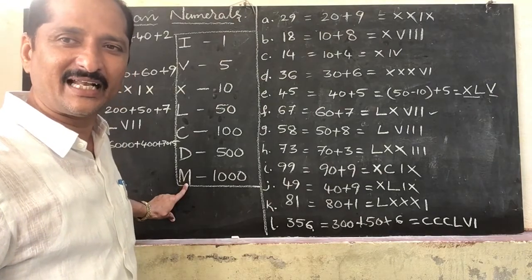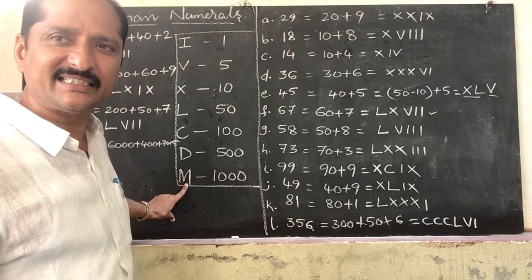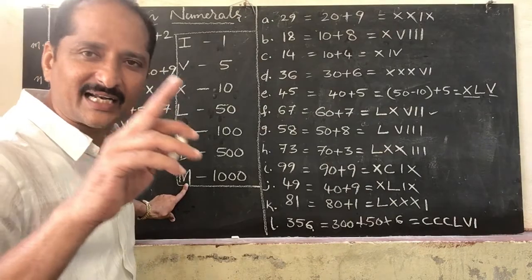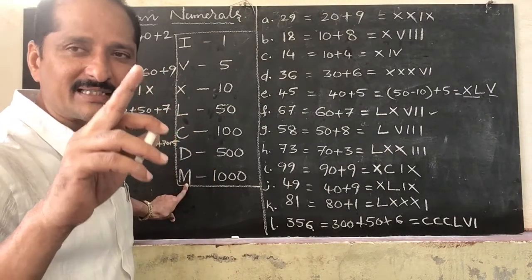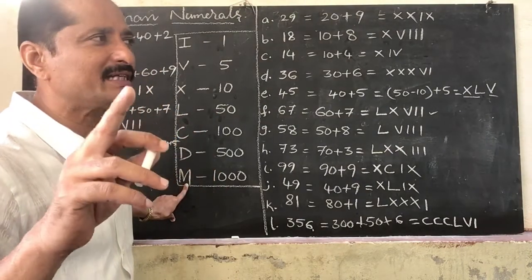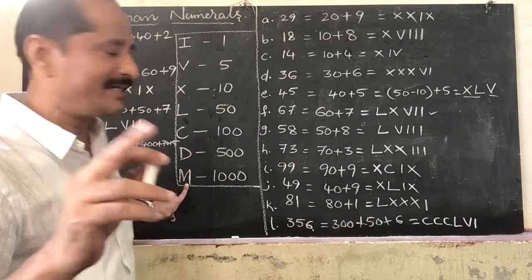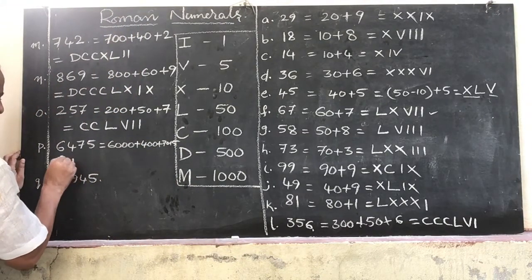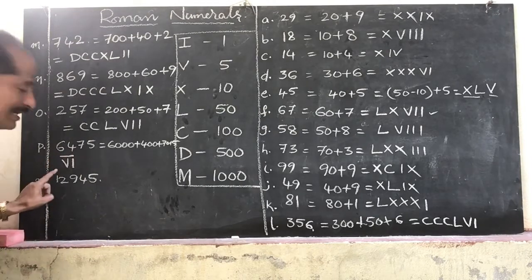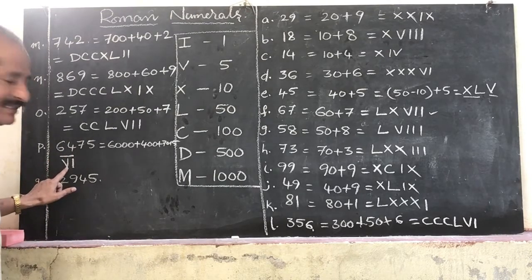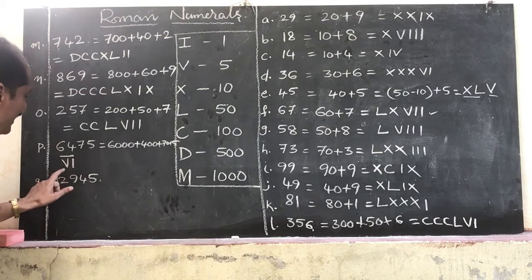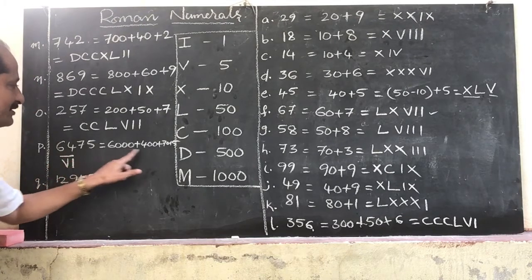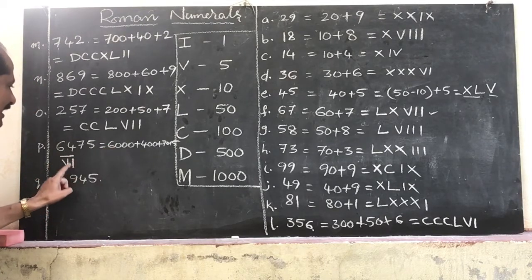So to write 6, just write 6 in Roman numerals, VI, and at the top you have to write a bar. The bar represents multiplication by 1000. So 6000 is VI into 1000, and to write down 6000 you have to write it like this.